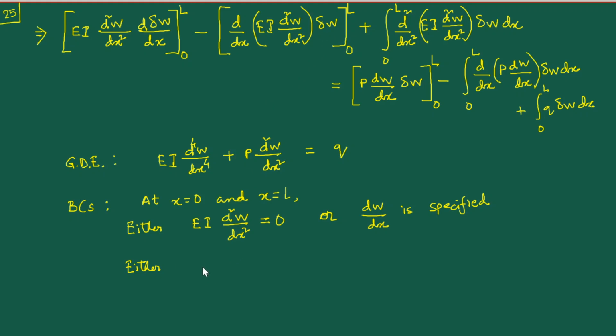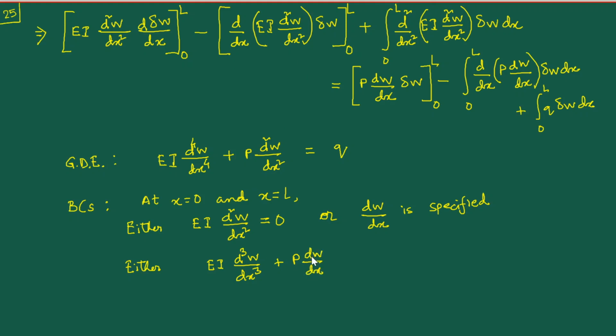So what we are going to have is either EI d cube w dx cube, basically taking the EI out of this first derivative with respect to x, and considering this term, please note that there is a minus here, together with this term, what I will have is the dw dx.